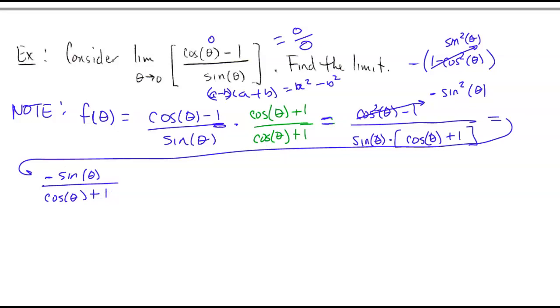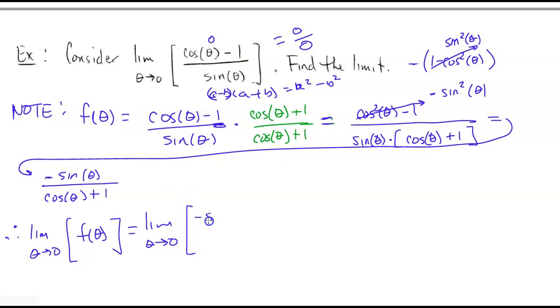And so once I have this, I could say, therefore, the limit as theta approaches 0 of f of theta is the same as the limit as theta approaches 0 of minus sine theta over cosine theta plus 1.